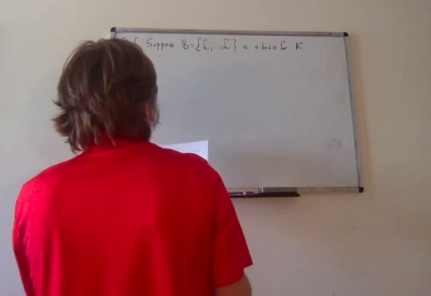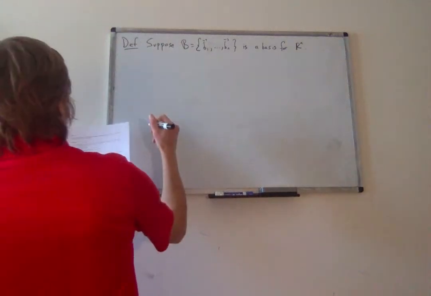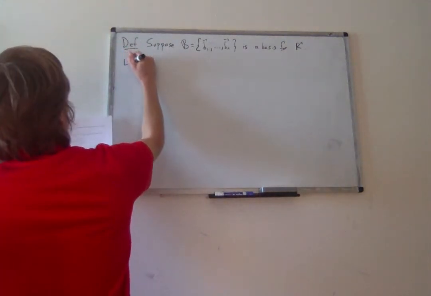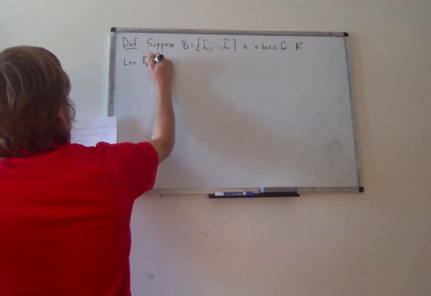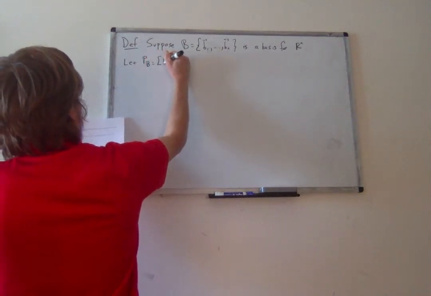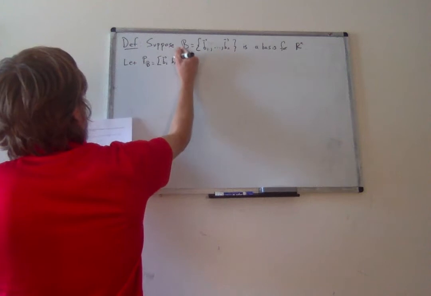And this might be, although this isn't my least favorite notation of all time, we're going to get to that later. We're going to let P sub B be the matrix whose columns are just these basis vectors.